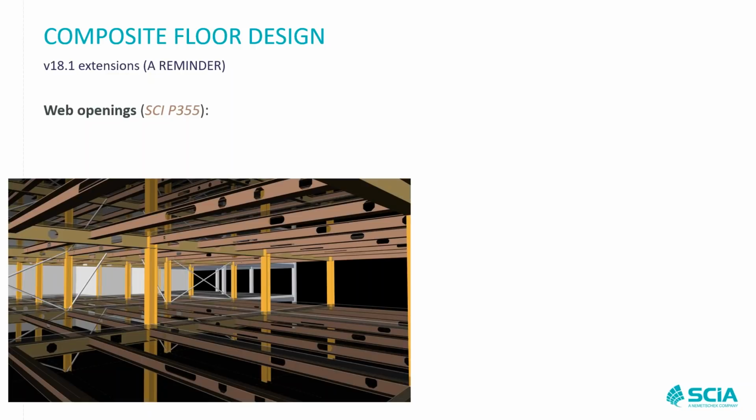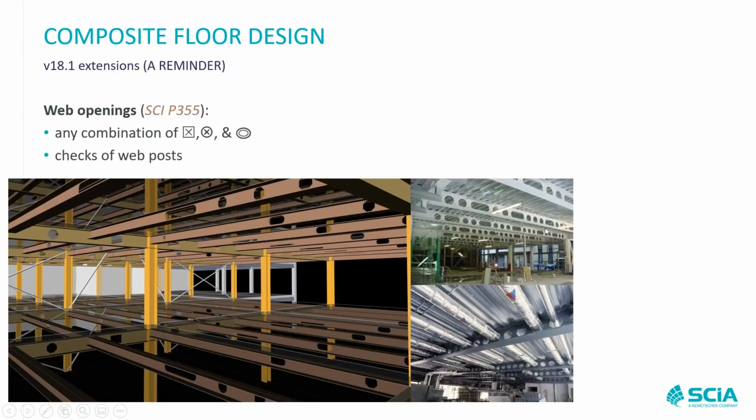In 18.1, we added openings according to the Steel Construction Institute publication P355, which lets us check any combination on the beam of rectangular, circular, and elongated openings. And it also tells us how to check the web posts in between the openings.